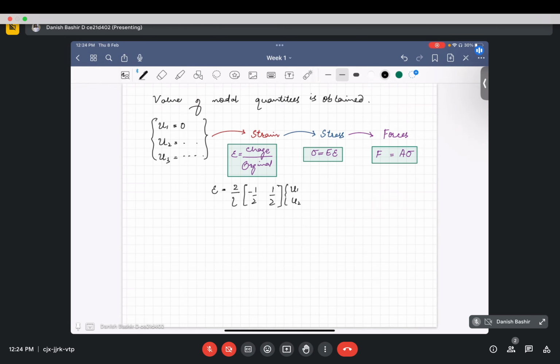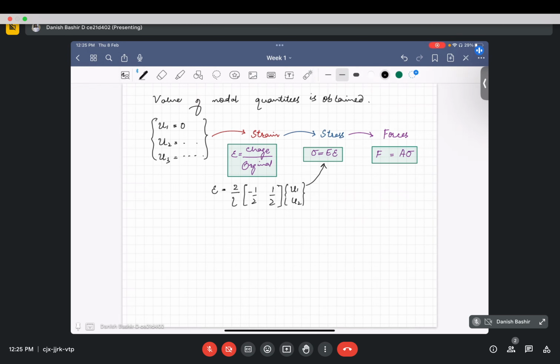Similarly stress and force can be obtained in each element like this. This is the basic finite element concept, how the finite element method works for a simple bar problem like this.